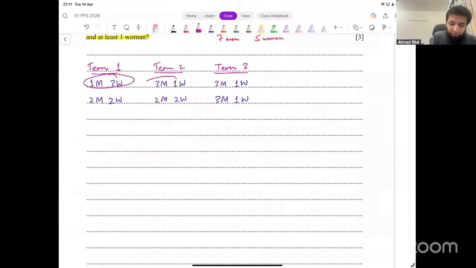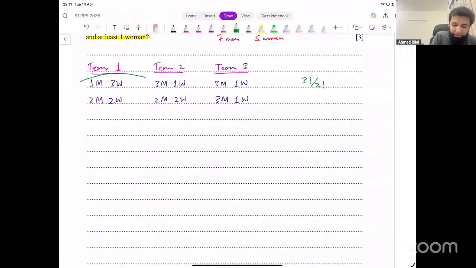One man, three women; three men, one woman; three men, one woman. Two of them are identical, this one and the last one. In how many ways can we arrange them? We can arrange them in 3 factorial, but two are identical, so 2 factorial ways.